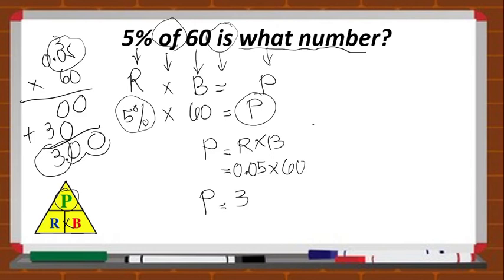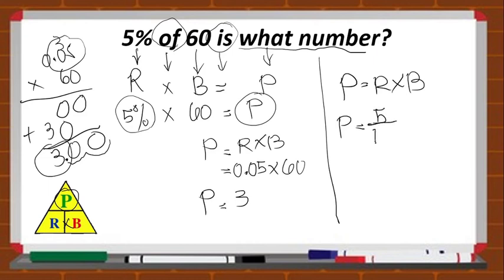Or we can use the fraction form, P is equal to R times B. Okay, let's illustrate this one. P equals, what is the rate? The rate is 5 over 100 times 60. So we can factor 100 and 60 since they are both divisible by 10. 100 divided by 10 is 10. 60 divided by 10 is 6.